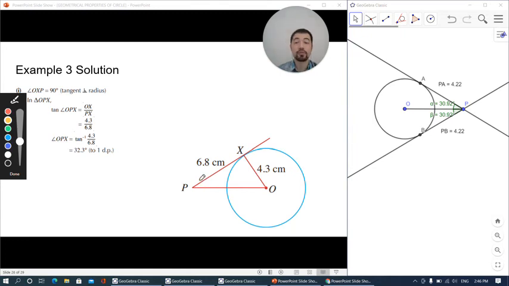To find the angle OPX, we need to do arctan on your calculator. You know how to do it, right? And then you will get 22.3.